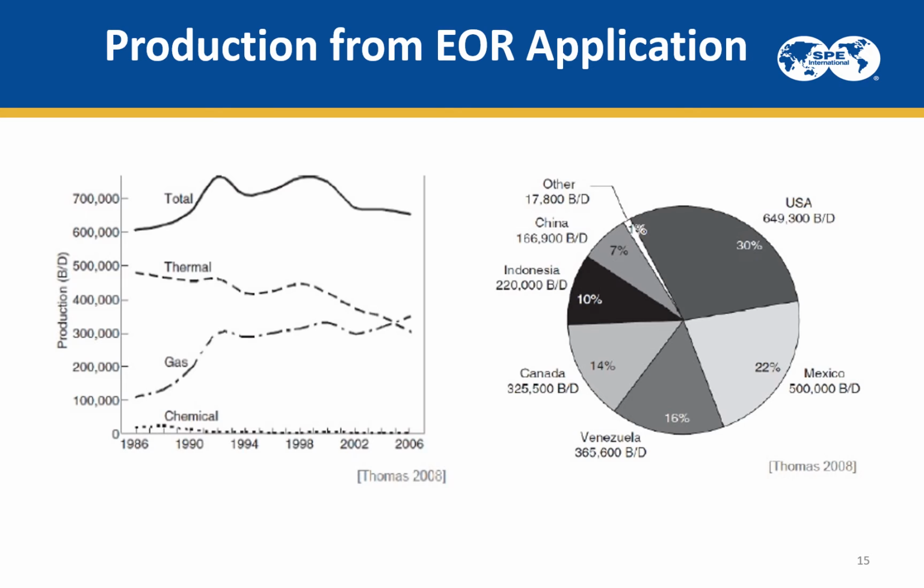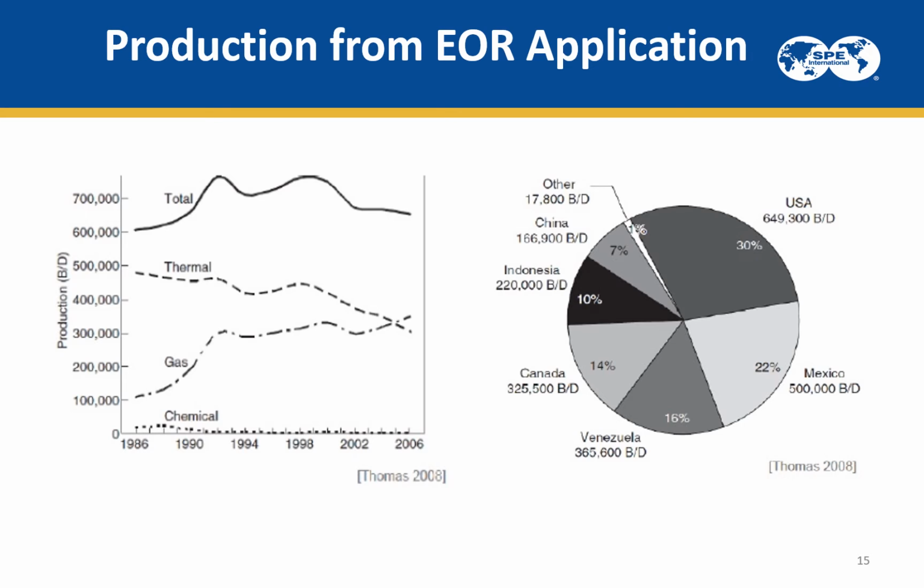As for the production from EOR application, from the literature, Thomas 2008, for example from the USA, EOR produced up to 600,000 barrels per day, an increase of more than 700,000 barrels per day as total.